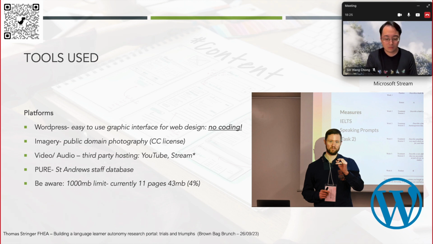For imagery, I looked for public domain photography that was under a Creative Commons license, like this picture I found from a conference that I presented at, and the photographer had been there, so I didn't have any copyright issues. For video and audio hosting, I've been mostly hosting things on third-party sites and then just linking to them so far, like YouTube, for example, for videos.